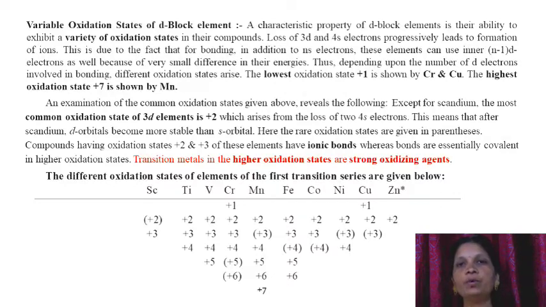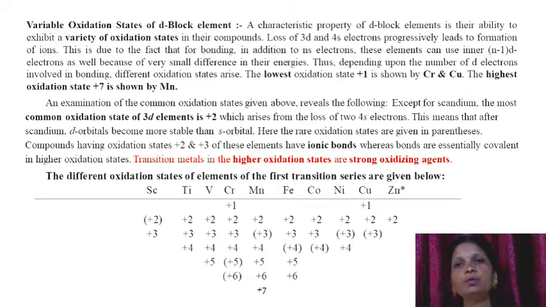Loss of 3d and 4s electrons progressively leads to formation of ions. This is due to the fact that for bonding, in addition to ns electrons, the D block elements can use the inner (n-1)d electrons as well. This is because there is a very small difference in the energies of 3d and 4s orbitals.